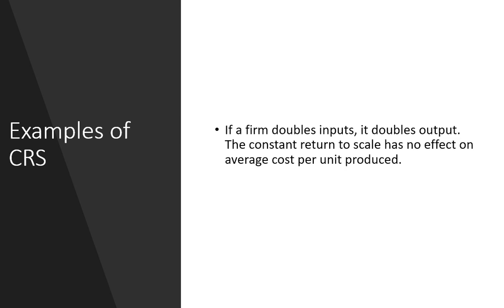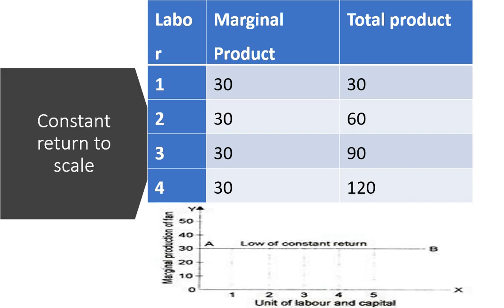And if you increase your input by 5%, then your output also increases by 5%. Same increase in input and same result in output. Both change by the same proportion. When input and output both change by the same proportion, then that particular production function exhibits constant returns to scale.